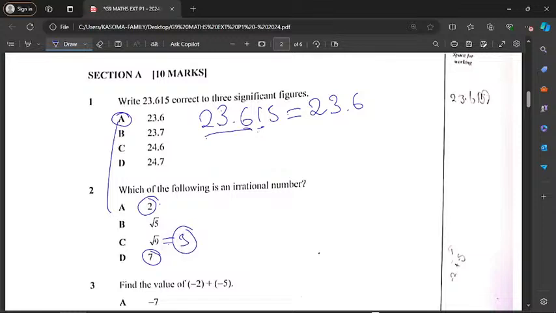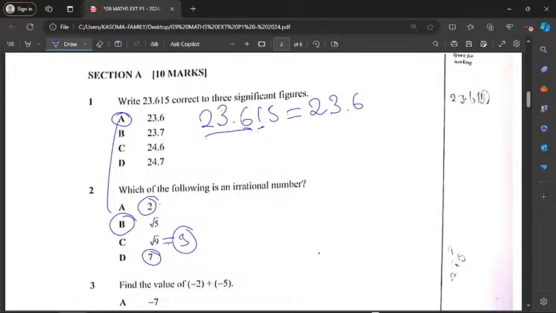However, the square root of 5 will give us a lot of decimal numbers, so the correct answer is B. If you have questions, please ask in the comment section. Otherwise, those are the answers.